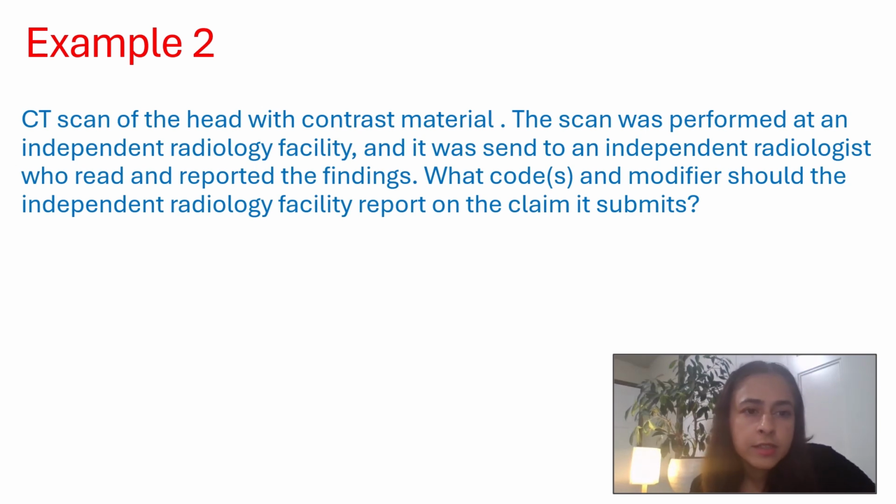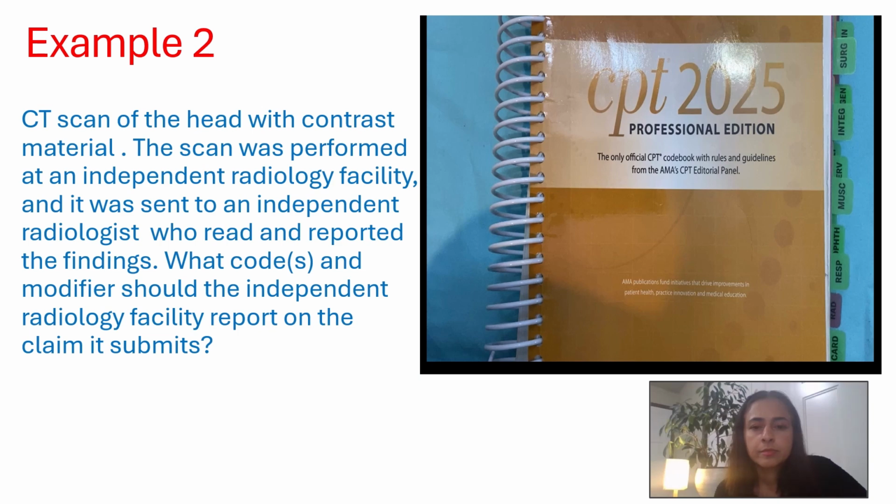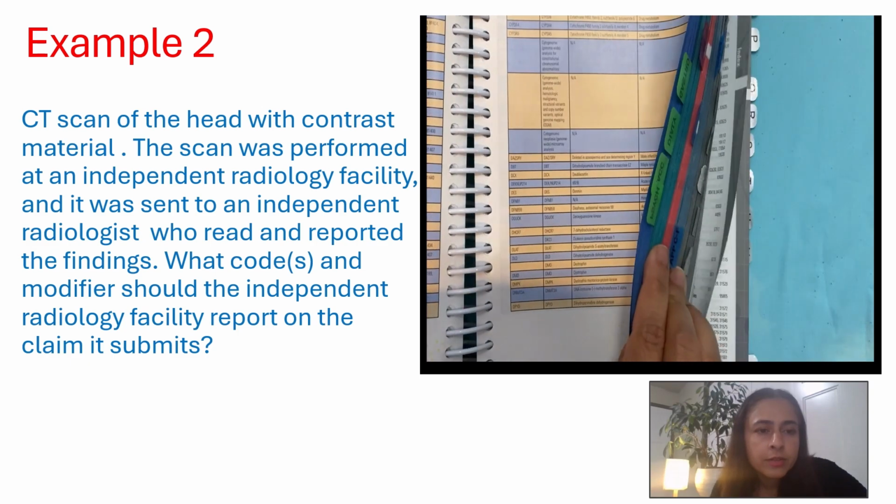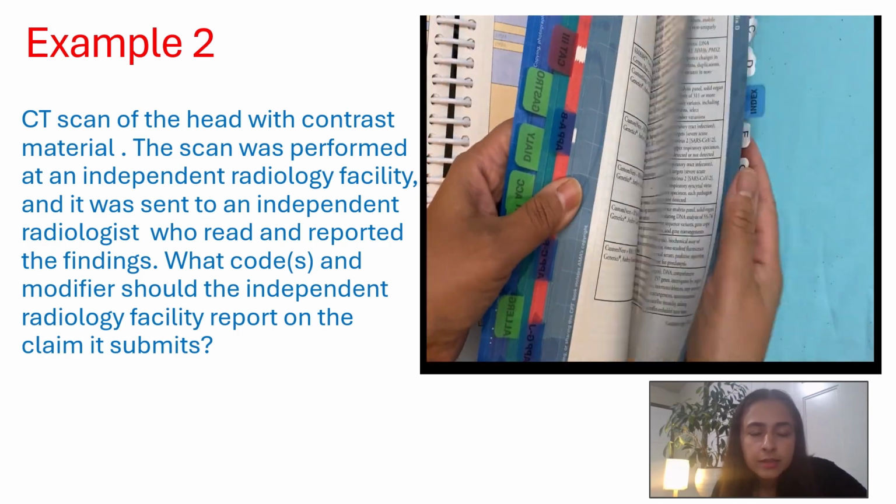Our next question is CT scan of the head with contrast material. The scan was performed at an independent radiology facility, and it was sent to an independent radiologist who read and reported the findings. What code and modifier should the independent radiology facility report on the claim it submits? So here the question is asking about the CT scan of the head.